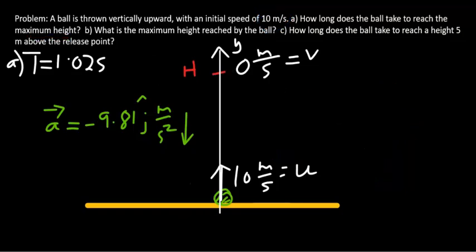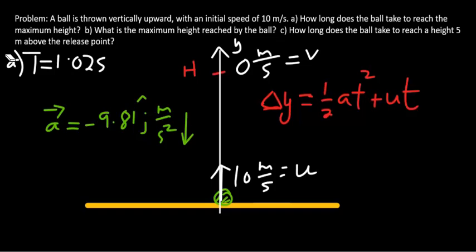Part B. What is the maximum height reached by the ball? Namely, what is that distance? For this, we can use the second equation of kinematics, namely the distance covered equals half acceleration times the time to cover that distance squared plus the initial speed times that time. So in this case, we want to find that distance. Delta y is your h. Half, remember, the acceleration is negative 9.81.